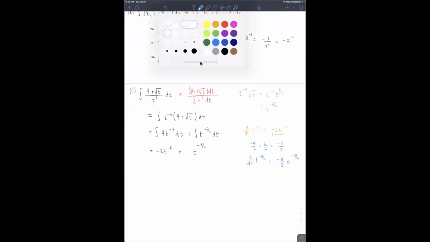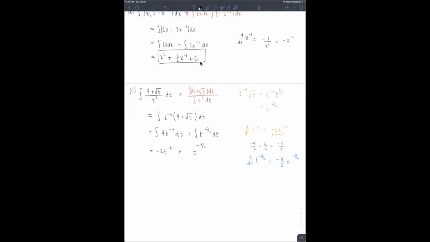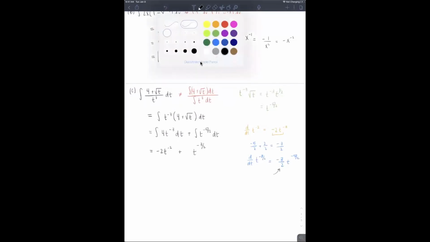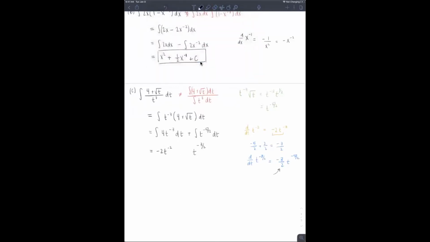So what do I need to multiply by? Because I essentially want to get rid of this negative 3. Yeah, so negative 2/3. So I wouldn't have plus right here. I'd have minus. And then plus c. And so there's our answer.